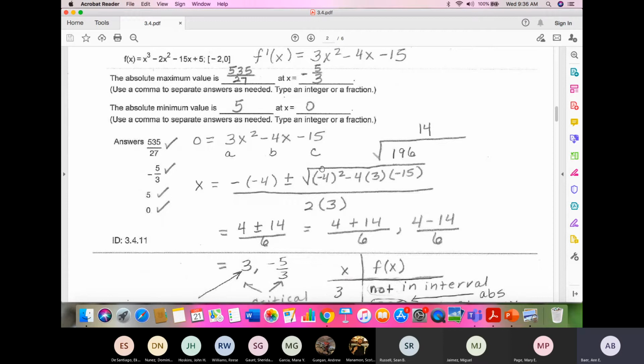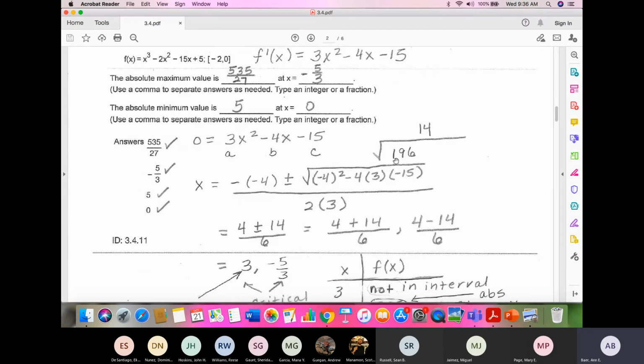Plus or minus the square root of b squared, which is -4 in parentheses and squared, because we want to square that negative sign as well, minus 4ac, where a is 3 and c is -15.